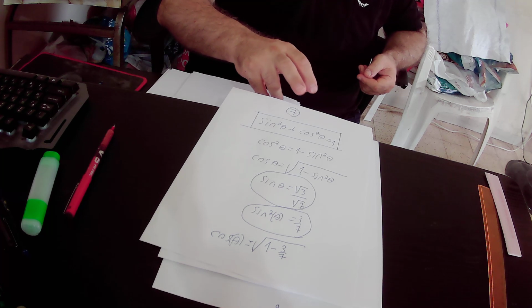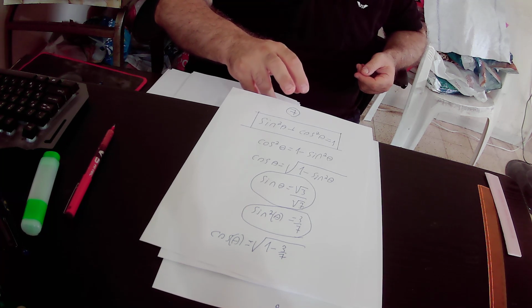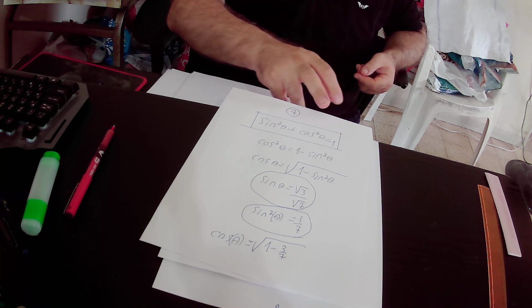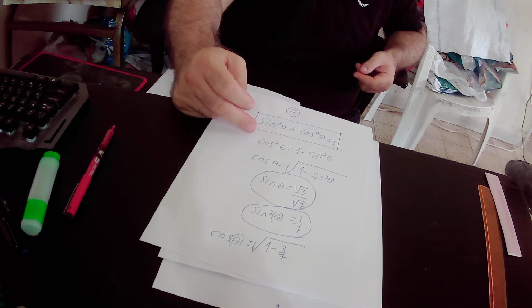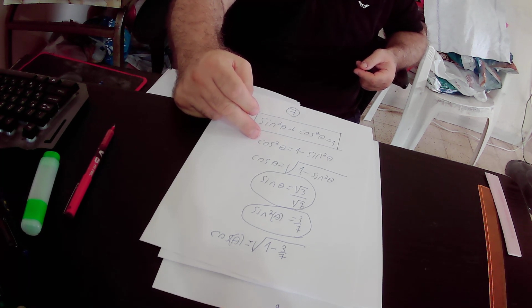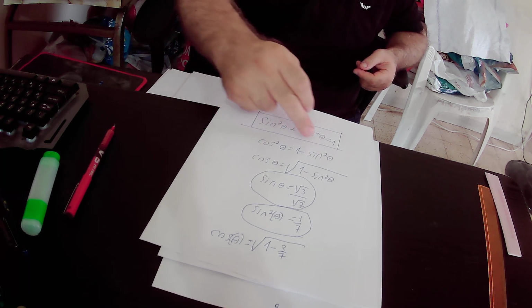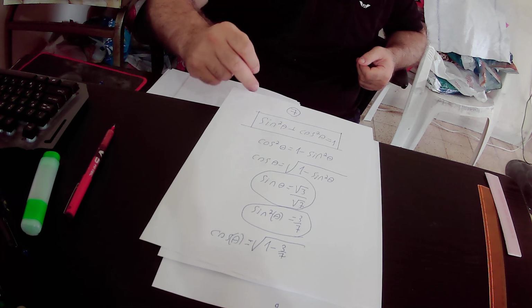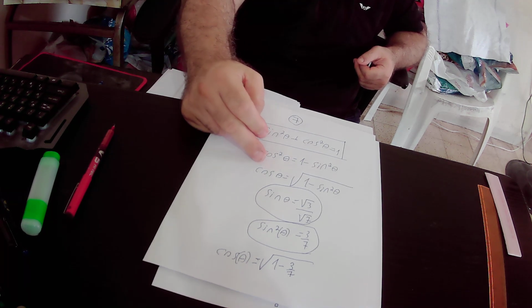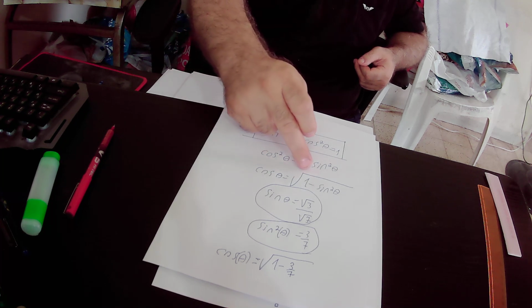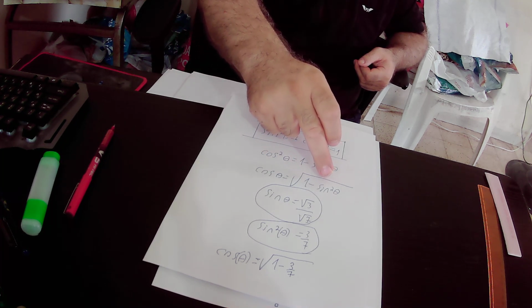We subtracted sine theta squared, and we got that cosine theta squared equals 1 minus sine theta squared. Then we took a root of this equality, and we got that cosine theta equals the root of 1 minus sine theta squared.